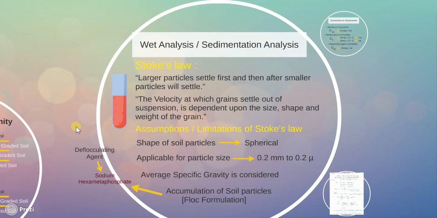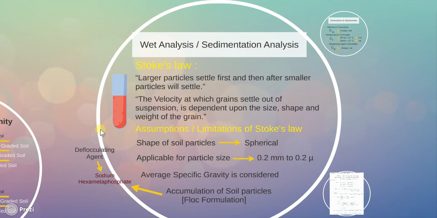Moreover, fine grain analysis is carried out by the hydrometer method or pipette method. The principle of the test in both the methods is the same. The difference lies in the method of making observations. In the pipette method, the mass per ml of suspension is found directly by collecting a 10 ml sample of soil suspension from some sampling depth.